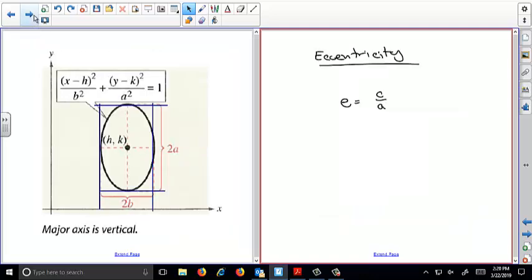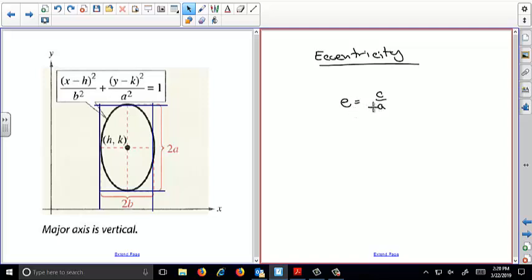Okay, so before we finally take an equation and plot an ellipse, we want to talk about eccentricity. And that's basically how much the ellipse is stretched in one direction or another. So the eccentricity for a circle is 0.